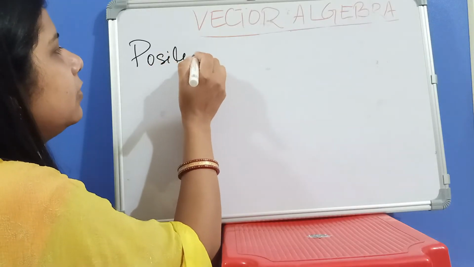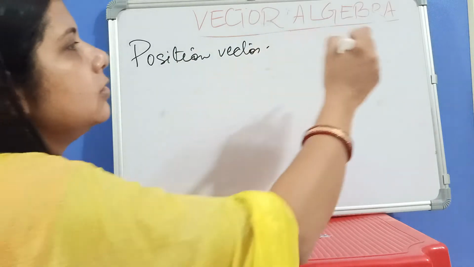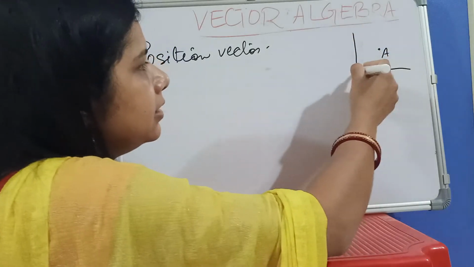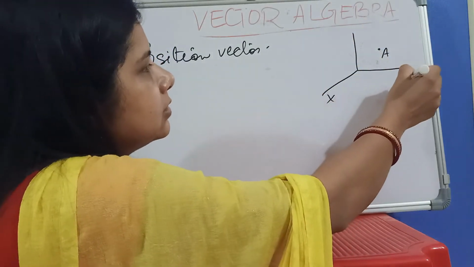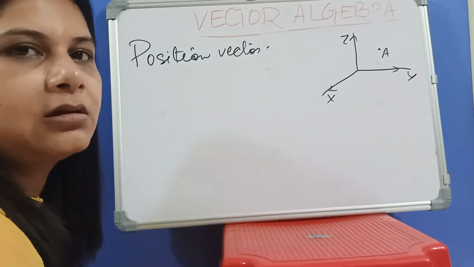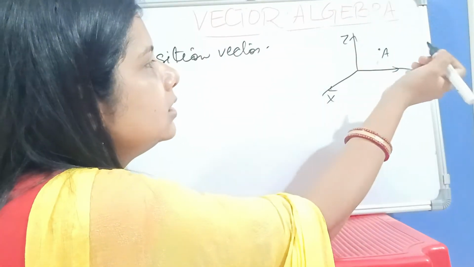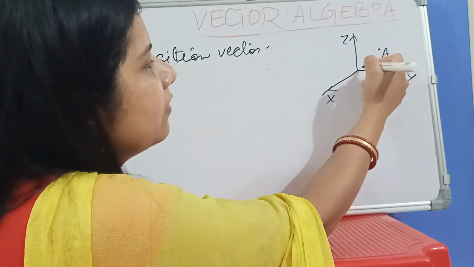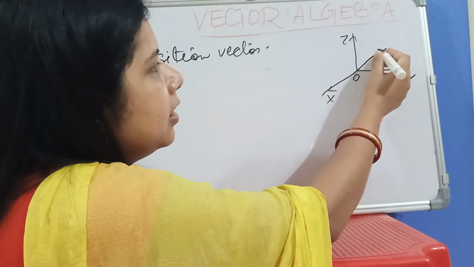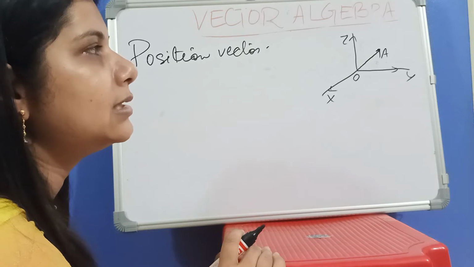Next, we will know what is a position vector. If a point is like this, it is in 3D. So this is x-axis, y-axis, z-axis. X, Y, Z, they are perpendicular to each other, and if there is a point A in 3D, what is its position vector? This is the origin, and we will join the point A to the origin, and the direction will be towards A. Why?